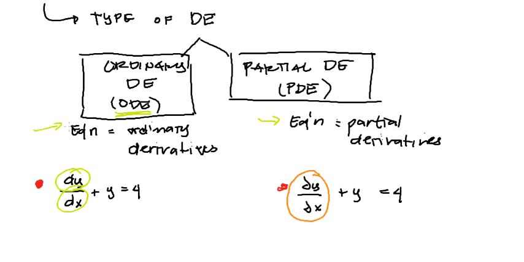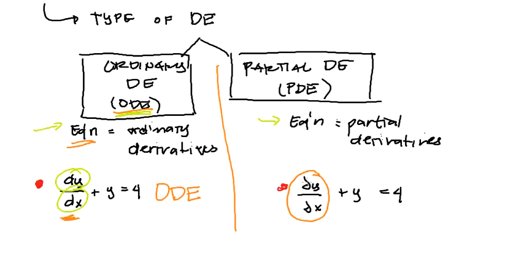Okay, so once again, if our equation contains ordinary derivatives, then it is called an ordinary differential equation, or ODE. Whereas a partial differential equation is an equation that contains partial derivatives.